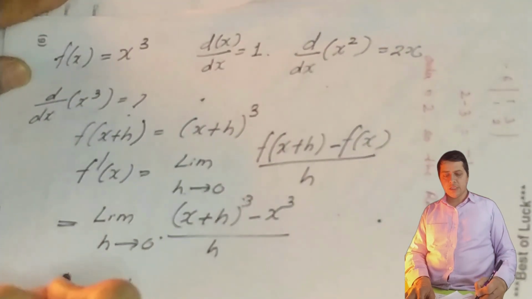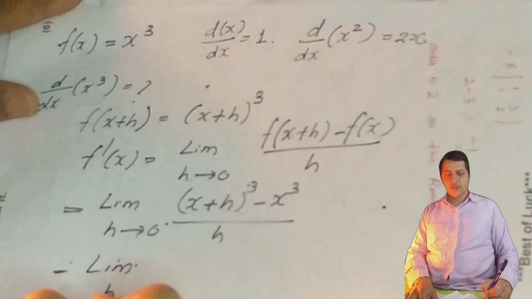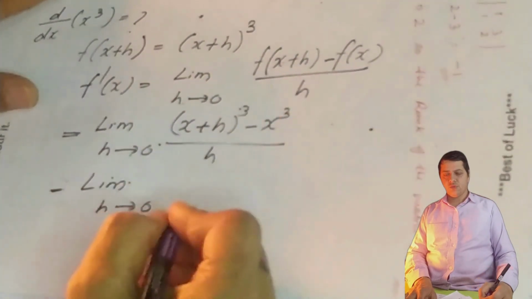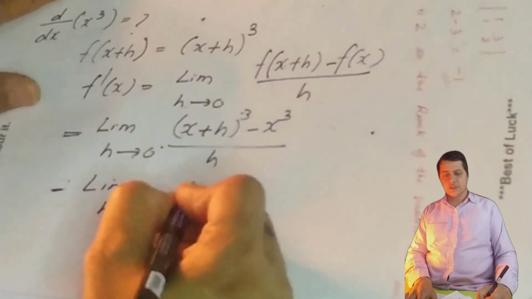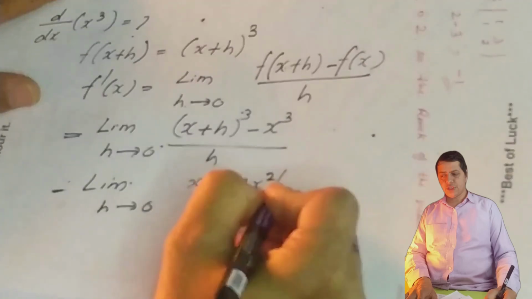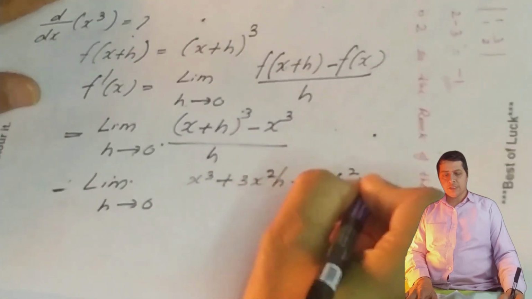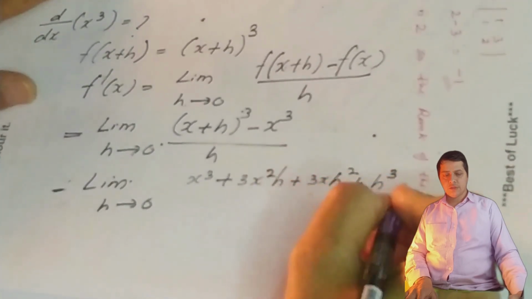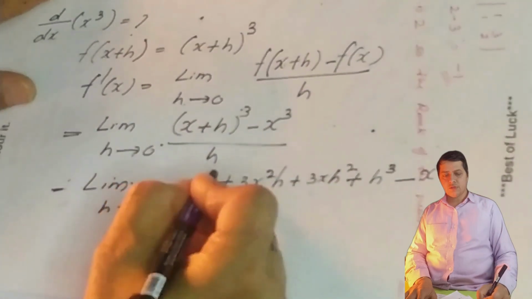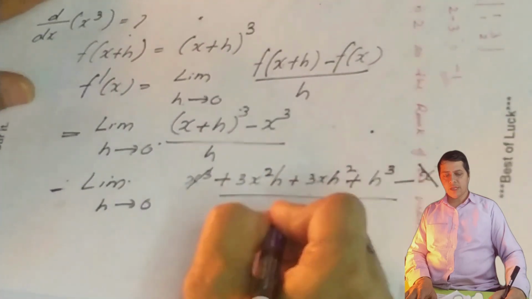Expanding, we get x cube plus 3x square h plus 3x h square plus h cube, and left over is x to the power of 3, so positive and negative x to the power of 3 can be cut off. Here we have by h.